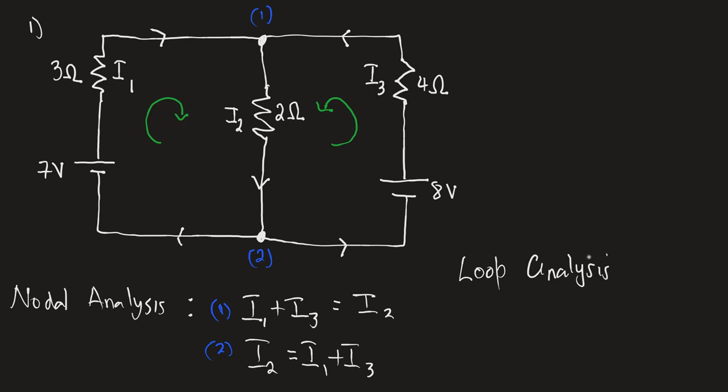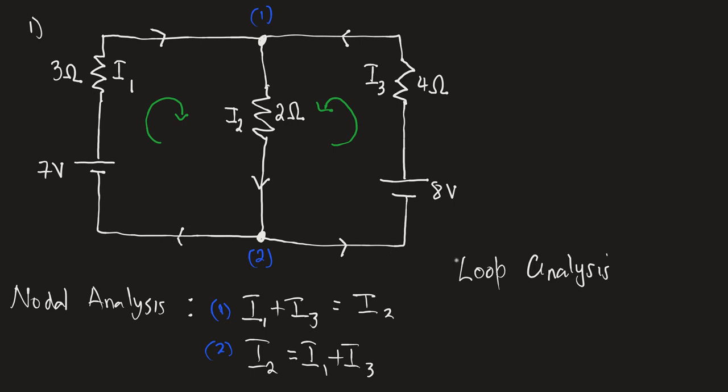right? And the other principle of Kirchhoff, he says, this is what he says: the sum of the product of the current and the resistance must be equal to the voltage in a closed path or loop, right?